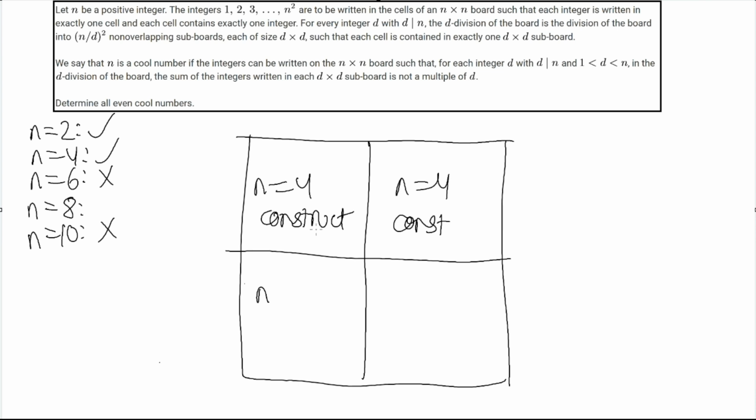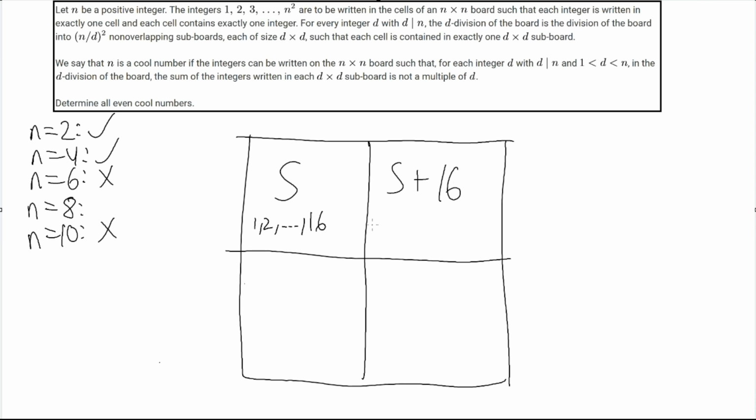So let's go ahead and call the n equals 4 construction S for now. Then S has numbers 1, 2, all the way to 16. Then we want another quadrant to include the numbers from 17 to 32. So we could do S plus 16, that's 17 all the way to 32.